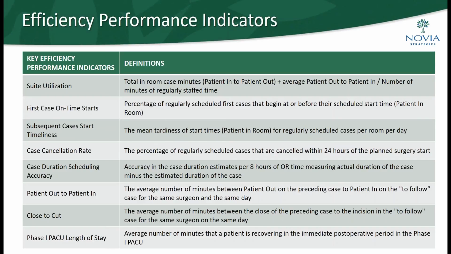Some of our findings are that patients will reach discharge criteria and for a variety of reasons may not be moved out of the recovery room. Unfortunately, that staffing ratio isn't being changed either, which adds additional costs to your recovery room staffing.